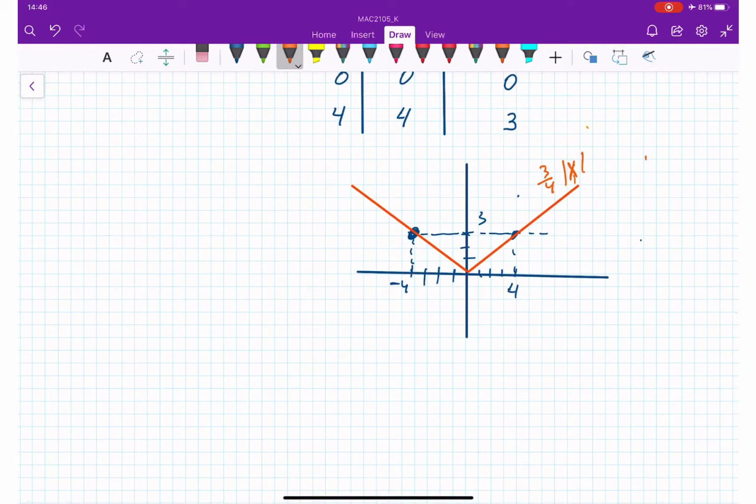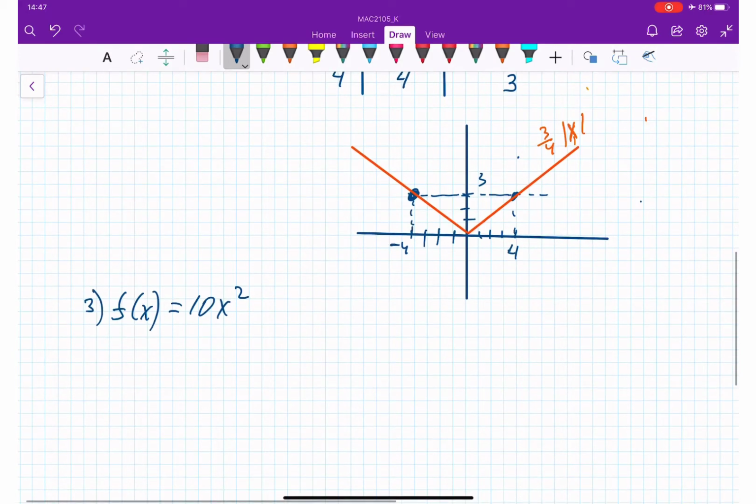10x squared. Question number 3. F of x is equal 10x squared. Okay, we are doing graphing. First of all, let me show you how the graph of x squared looks like.